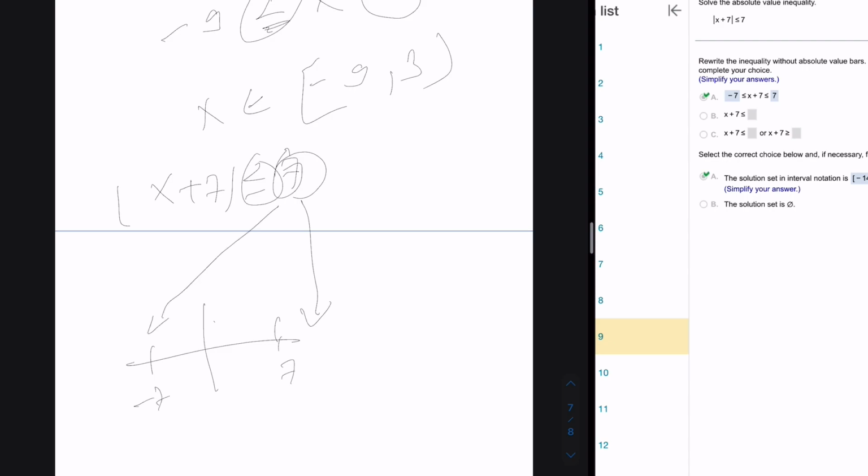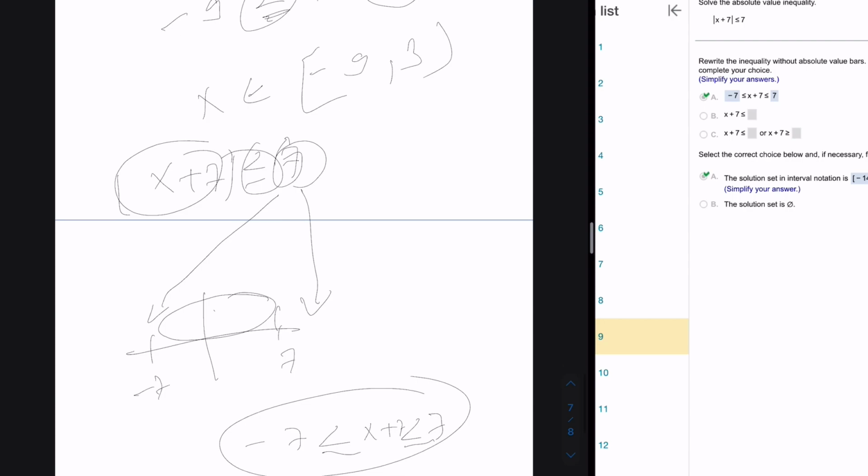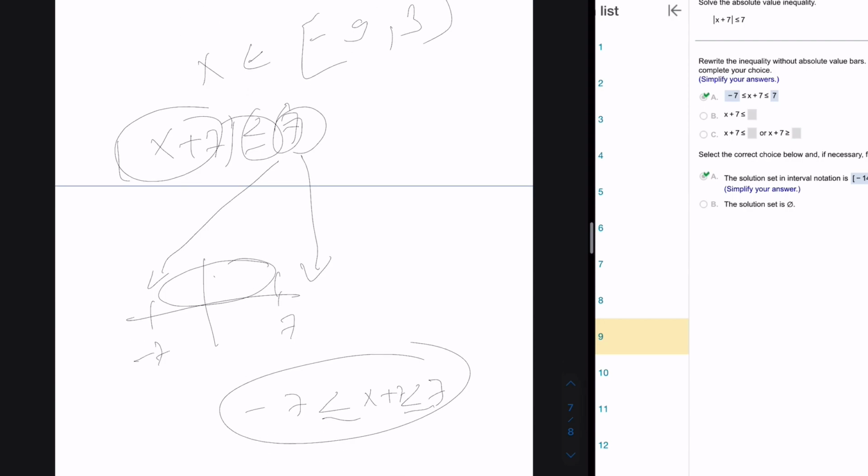And if the absolute value is less, the interval will be in between. So we can write it as minus 7, 7. This is the interval. That's it. It's given greater than or equal to, so greater than or equal to, okay. Solve the same way, subtracting minus 7 on all sides, and you will get the answer.